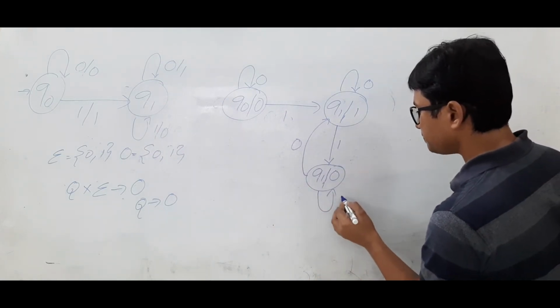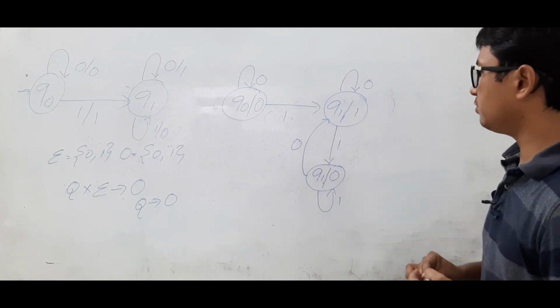Q1 on 1, you will go to the Q1 which produces output 0.